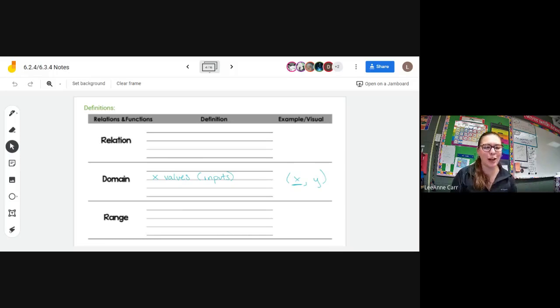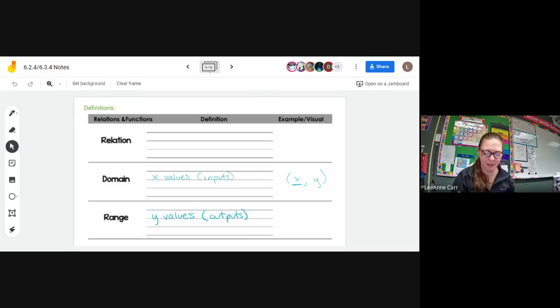All right, if our domain is all of our X values, what do you think our range is, guys? Yeah, killing it. Our range is Y values. Perfect. Or we could say outputs.